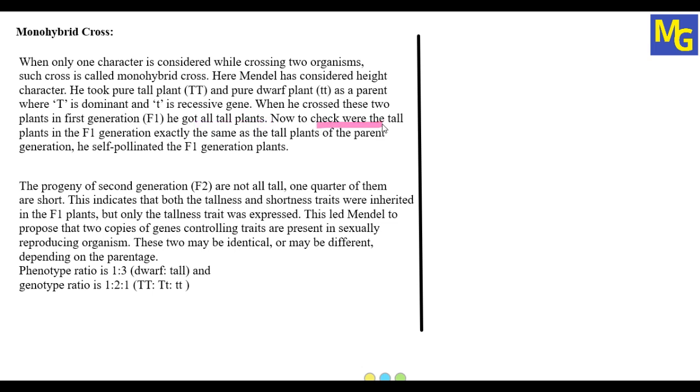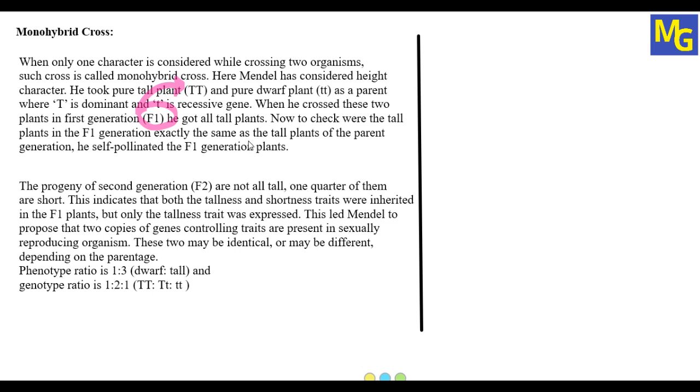Now, to check whether the tall plants in the F1 generation are exactly the same as the tall plant of the parent, here we have taken a pure tall plant as a parent, that is capital T and capital T. But is the tall plant we have got in the F1 generation the same as the parent?